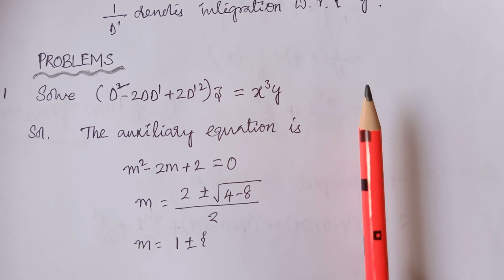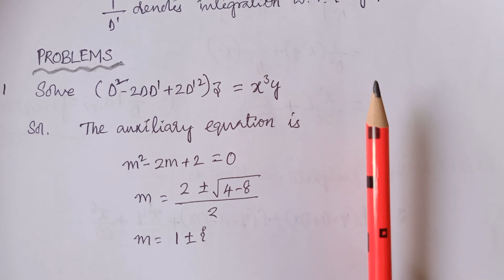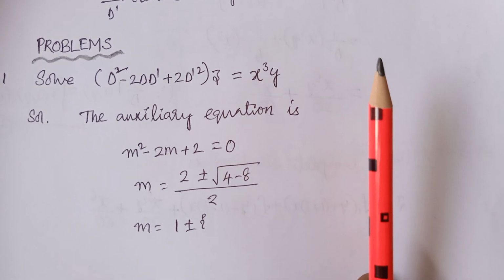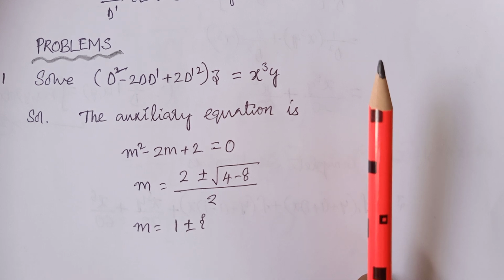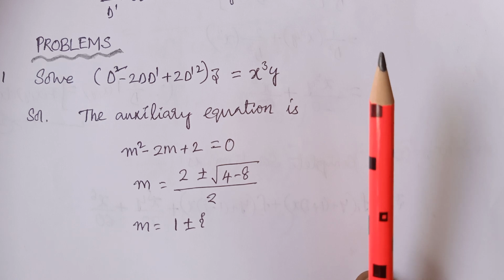Here the auxiliary equation is m square minus 2m plus 2 is equal to 0. How do you get this? In f of D comma D dash, put capital D equal to m and capital D dash equal to 1, and equate to 0. You get the auxiliary equation f of m comma 1 is equal to 0, that is m square minus 2m plus 2 is equal to 0.